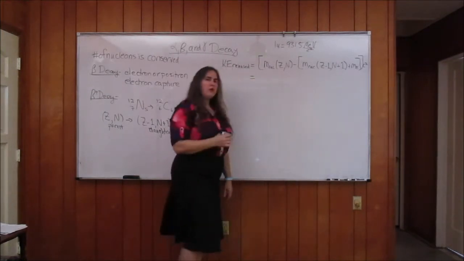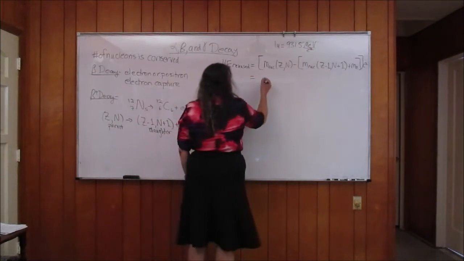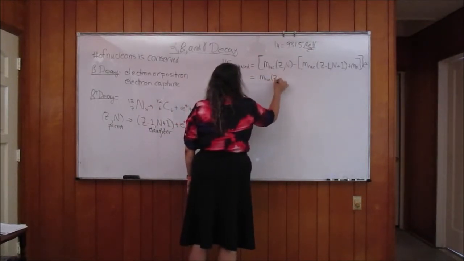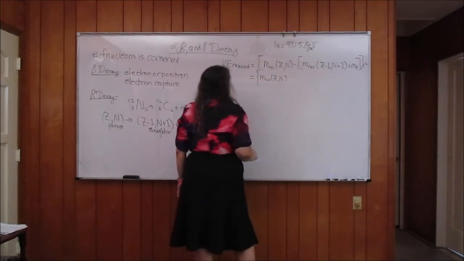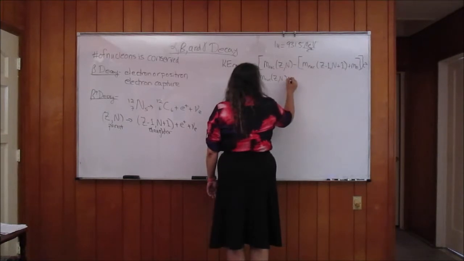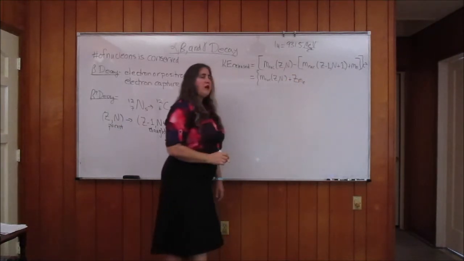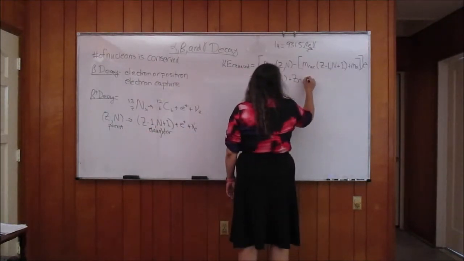And once again, I'm going to rewrite this expression in terms of the atomic mass. So first add Z times the mass of the electron and subtract Z times the mass of the electron.